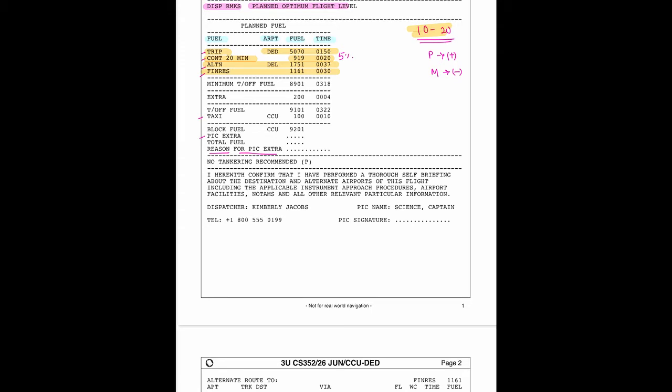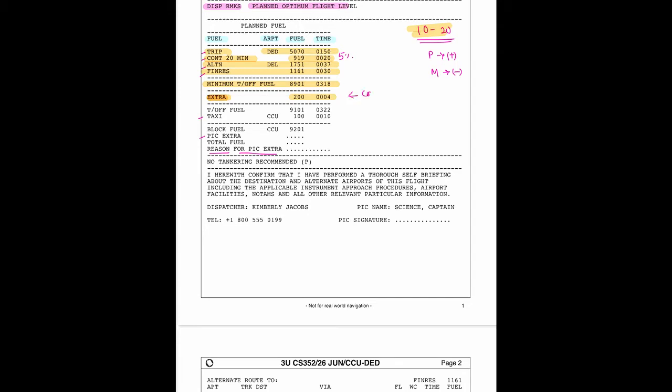Okay, so minimum takeoff fuel will be 8.9 tons, so 8901 kgs, and flight time will be 3 hours and 18 minutes. So for the total 3 hours and 18 minutes of flight, we are taking a fuel of 8901 kgs, which is 8.9 tons. Extra fuel we are taking 200 kgs. So basically extra fuel is given by the company itself.